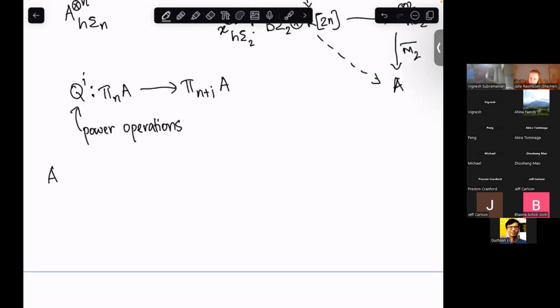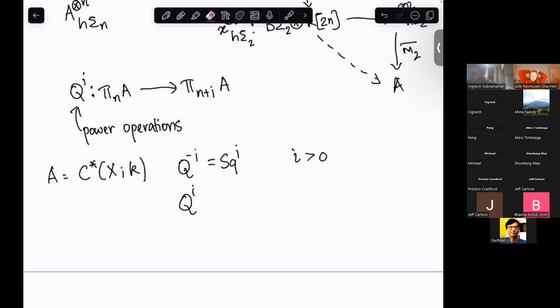For A equal to the cochains of a space over a field K, Q^{-i} matches with the Steenrod operation for i greater than or equal to 0, and for i strictly greater than 0 there is a change.